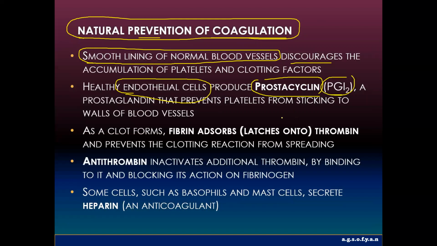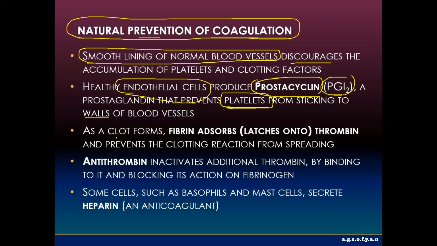This prostaglandin number 2, or prostacyclin, will prevent the platelets from sticking to the blood vessel wall. So this is the function of prostacyclin, to prevent platelets from sticking to the cells at the blood vessel walls.